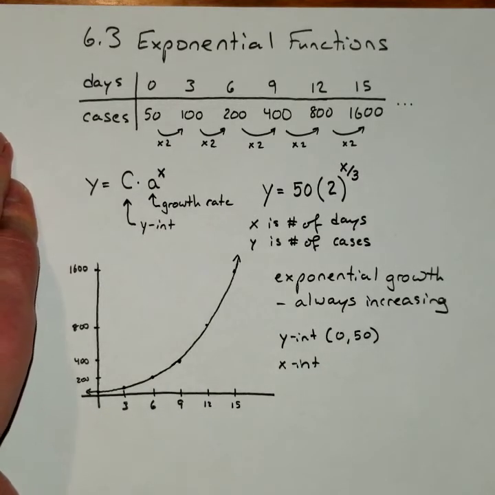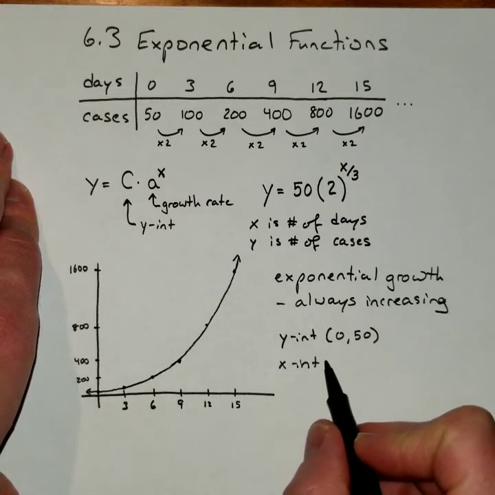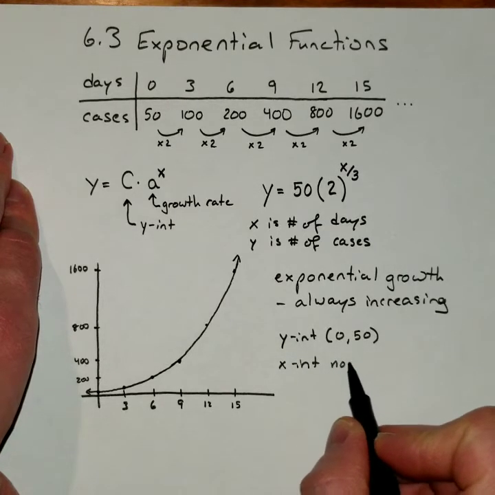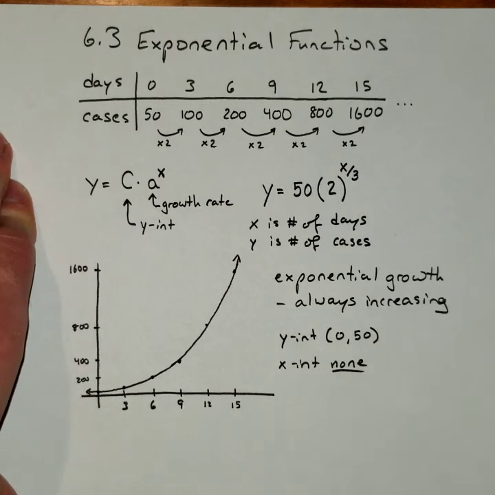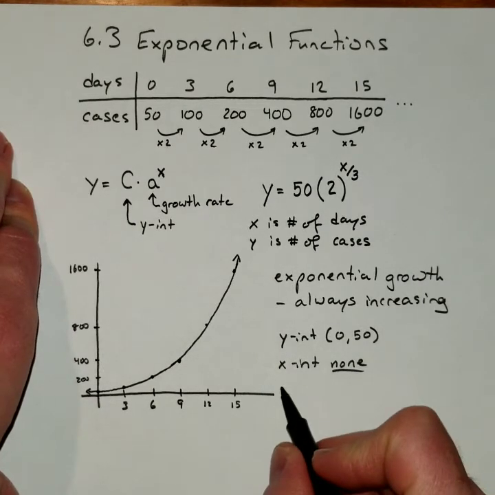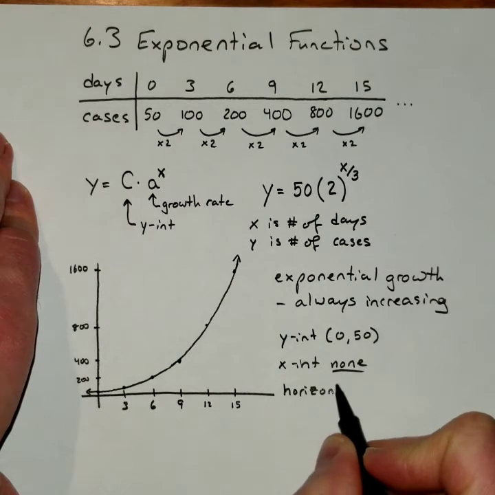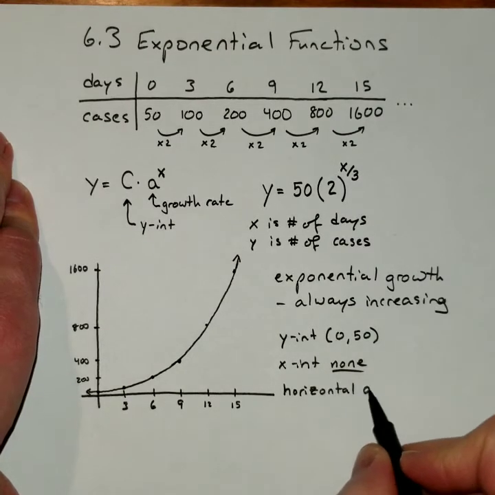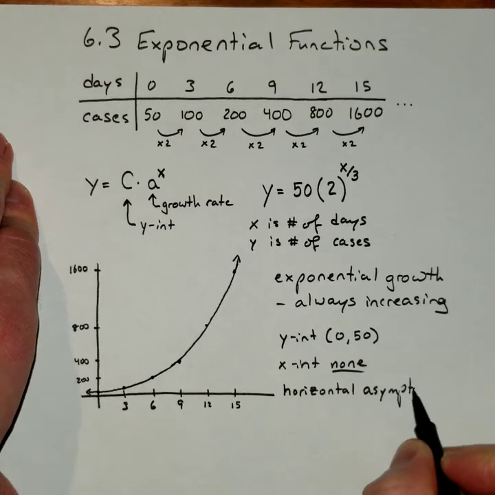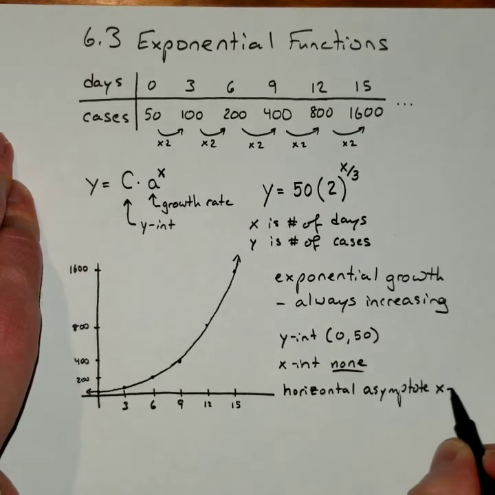It's what we call a horizontal asymptote, so there is no actual x-intercept because it never gets down that far. But we do have a horizontal asymptote. And that is on the x-axis.